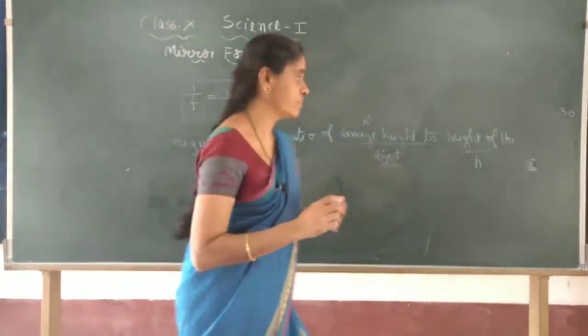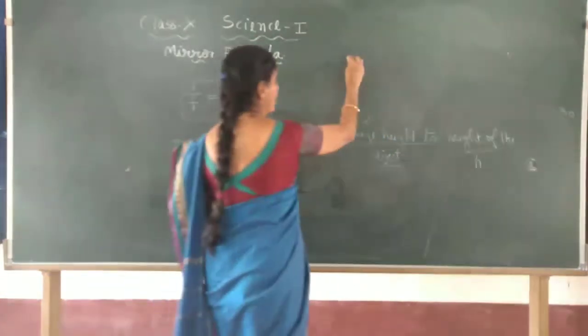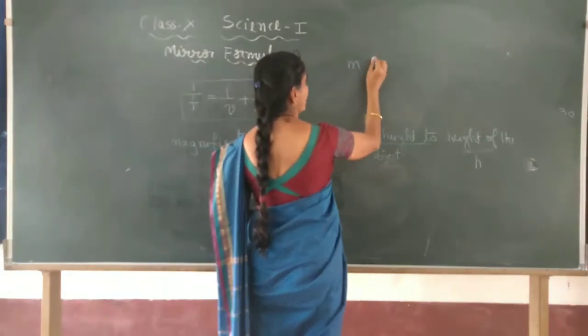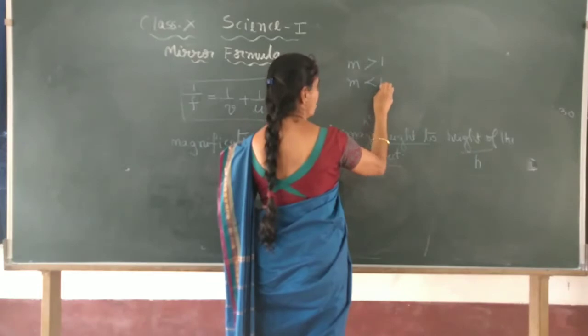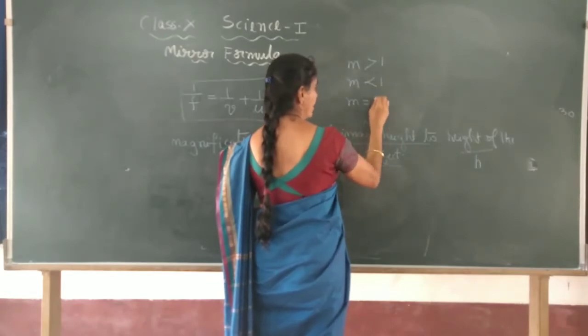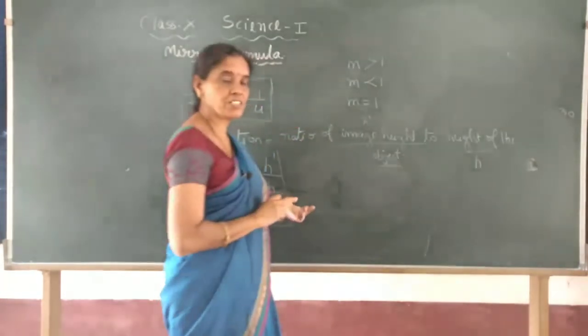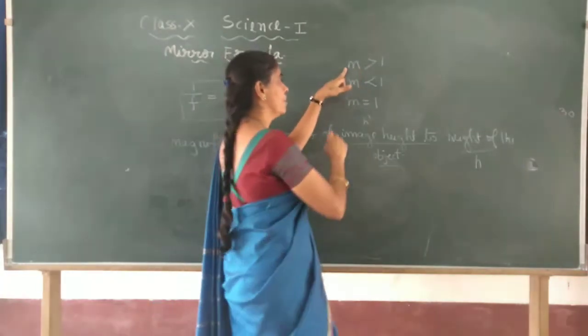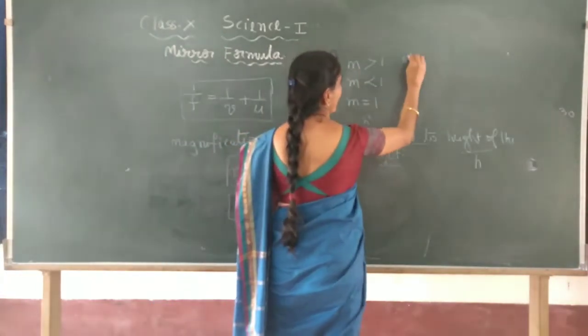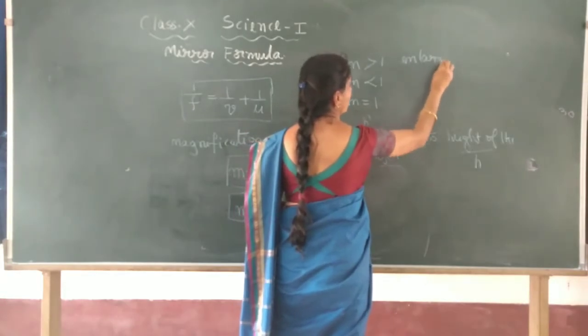So there are three conditions. The m value may be greater than 1, smaller than 1, or equal to 1. When m is greater than 1, it is an enlarged image.